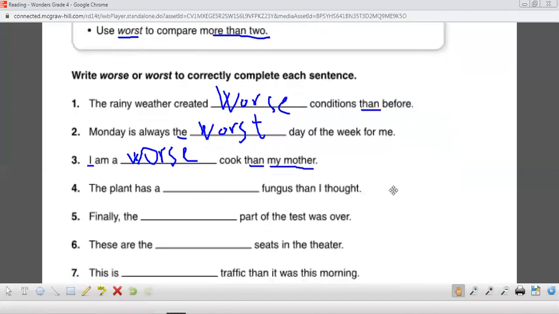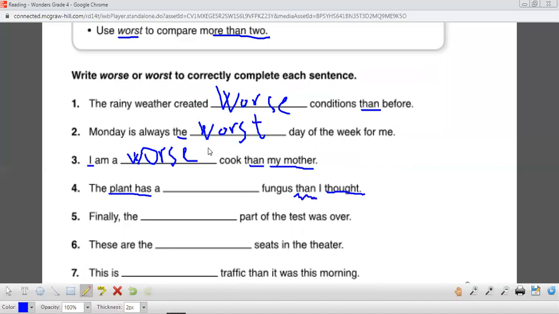Let's move to number four. The plant has a fungus than I thought. So I'm comparing what the plant has to what I thought. So I have two options, what the plant has and what I thought. So I'm comparing two things. Second, I'm having than.